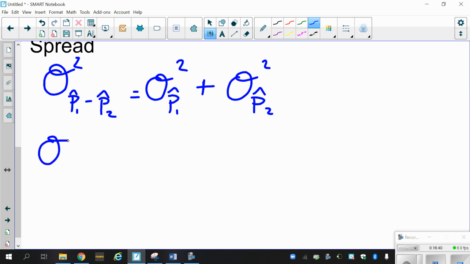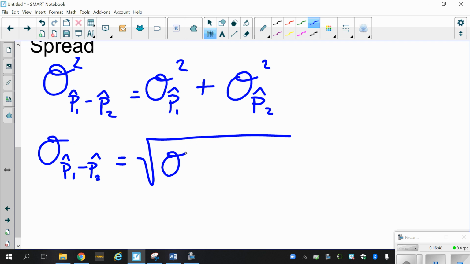The standard deviation then is the square root of the sum of the variances.